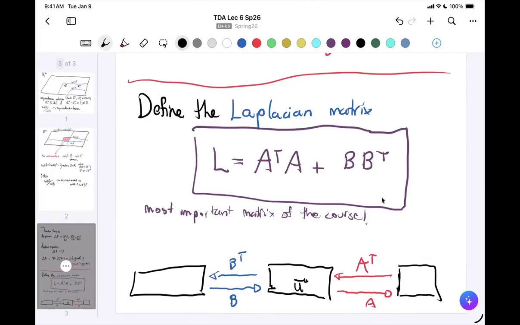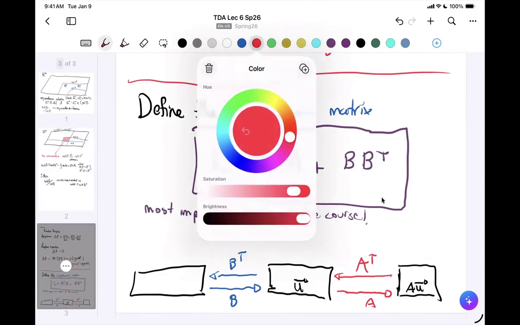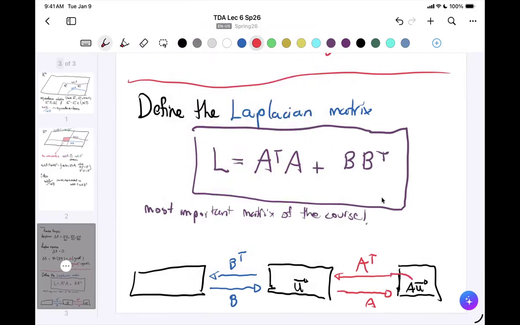One way is that you can hit it with A. If you hit it with A, you get A times u, and then you want to go back to where you started, kind of like a closed circuit. To go back to the space where you were located, you can hit it with the matrix A transpose, right? So that's what corresponds to this main part, A transpose A.